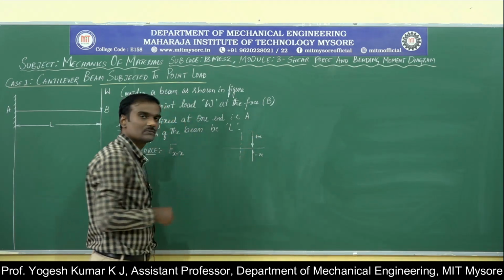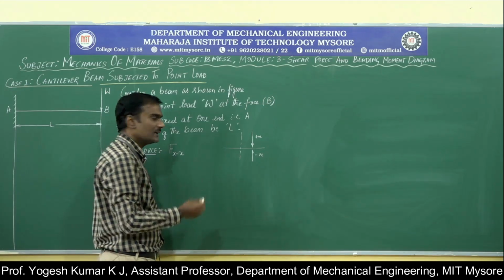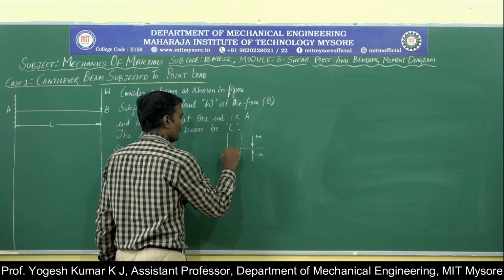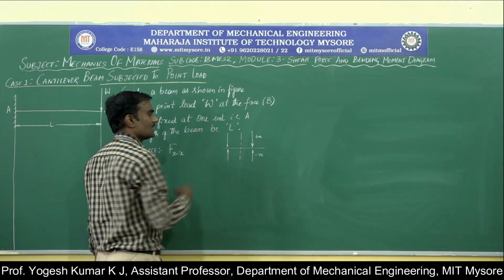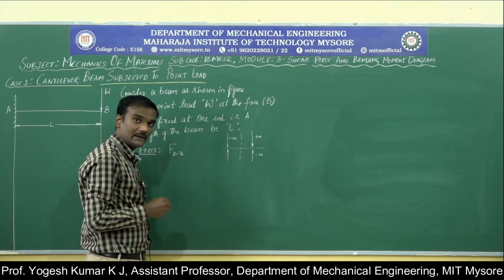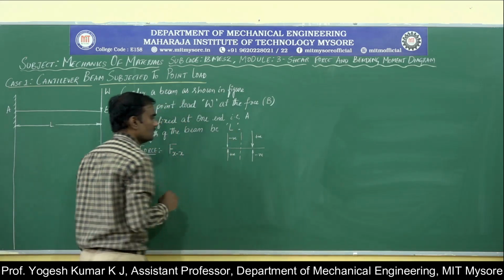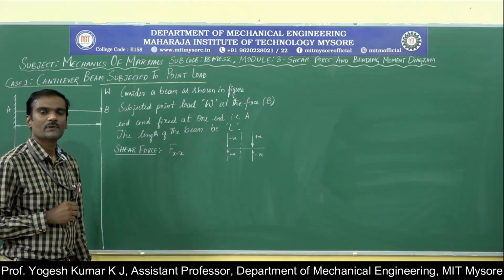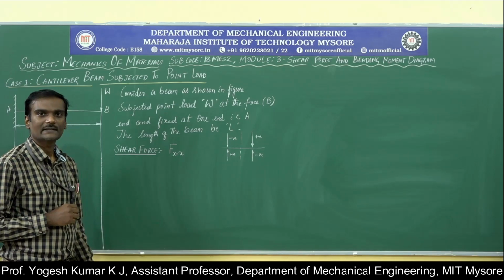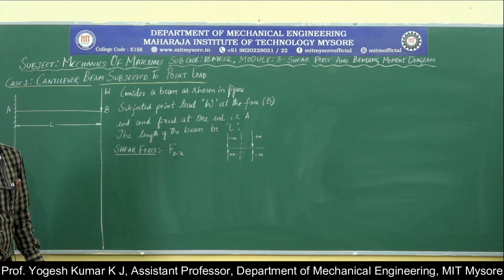And it is reversed on the other side. On the left side of the section, forces will be negative if they are acting downwards, and positive if they are acting upwards. This is the sign convention that has to be followed while solving the problem. Now, I will consider a section.